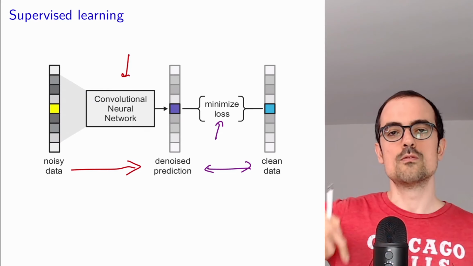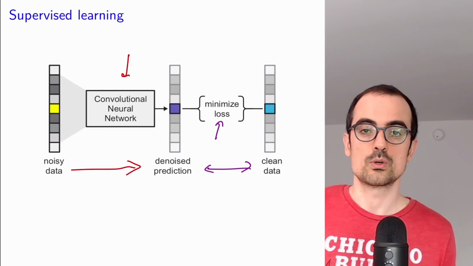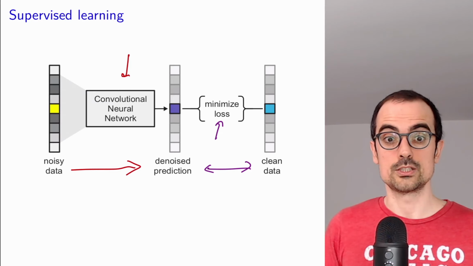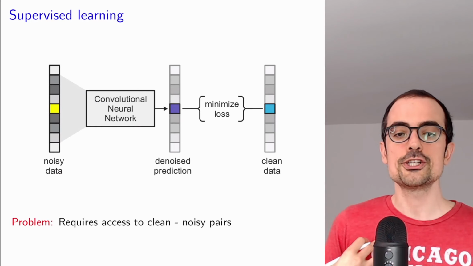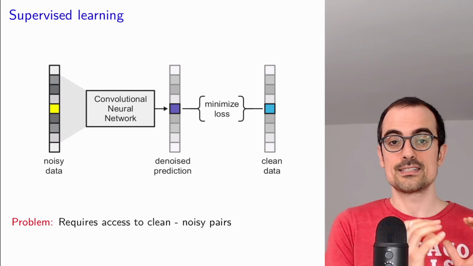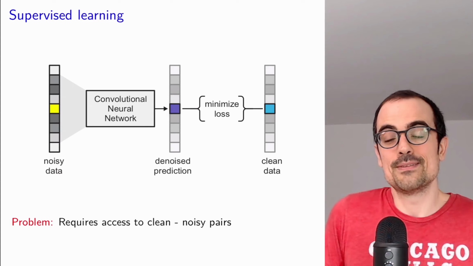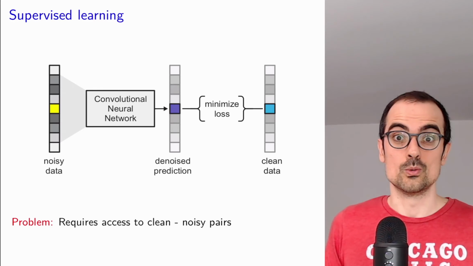And we do that over a large training set until the neural network is able to denoise the images in this training set. The problem for our real-world application is that this requires access to clean and noisy pairs. So given that out of the electron microscope we only get this super noisy data, what do we do?